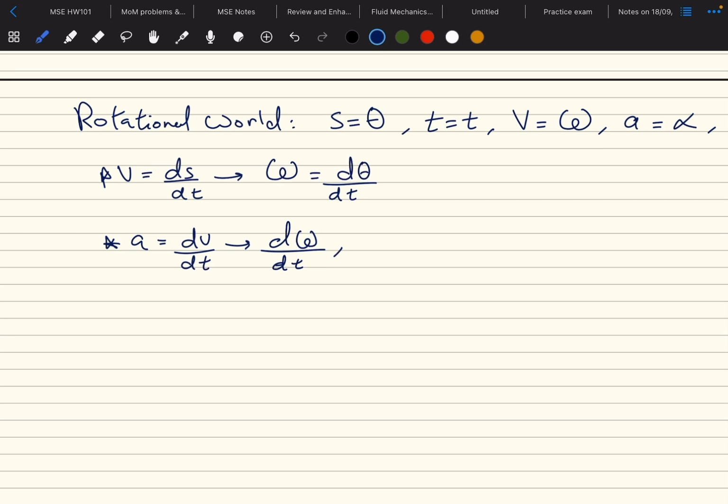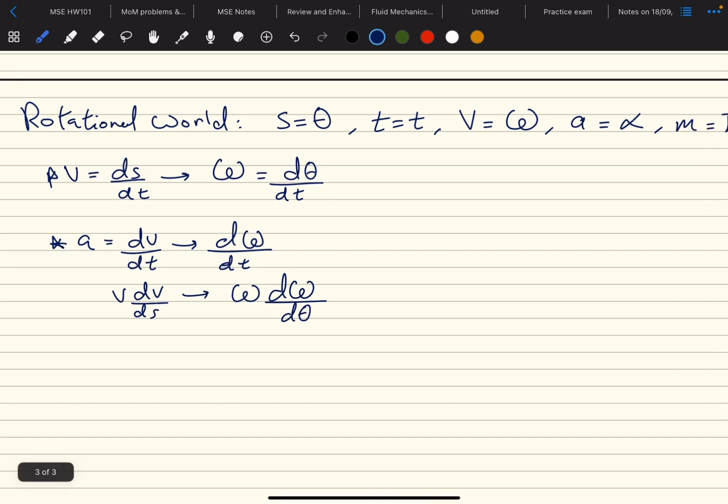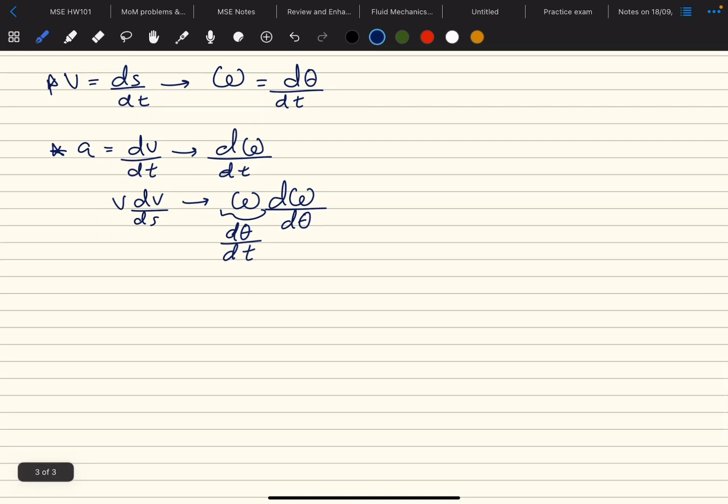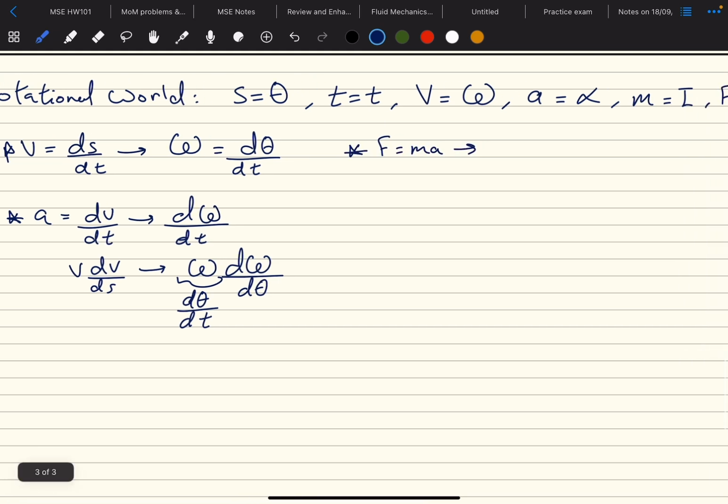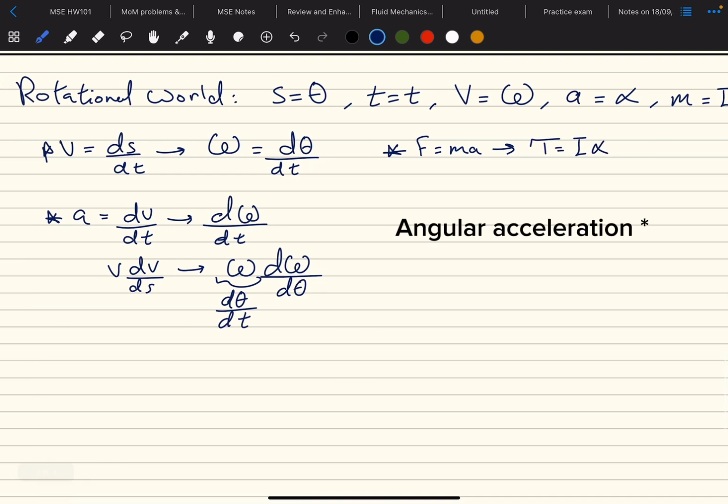Hold on, I'm going to write this down: ds, which would be the angular d theta. And how did we get that? We got this because it's this right here. And F, you guessed it, F equals ma, which would be torque equals inertia times angular acceleration.